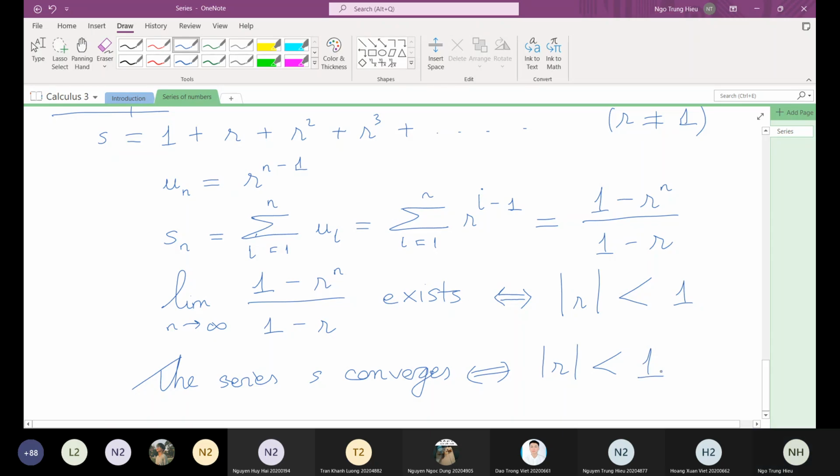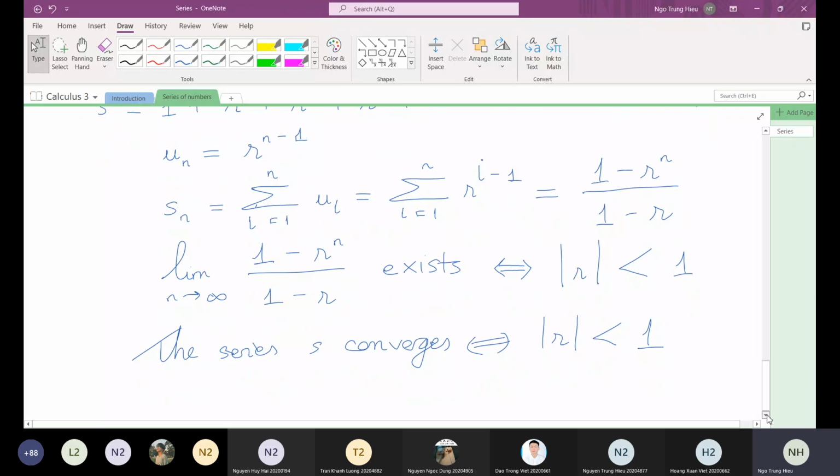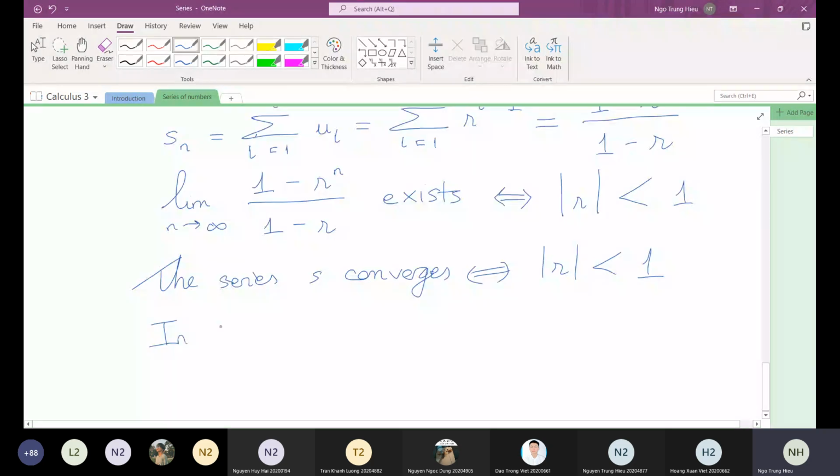And we want to compute this series as well. So in this case, this limit S equals the limit when n goes to infinity of 1 minus r to the n over 1 minus r. And this limit has to be equal to 1 over 1 minus r.